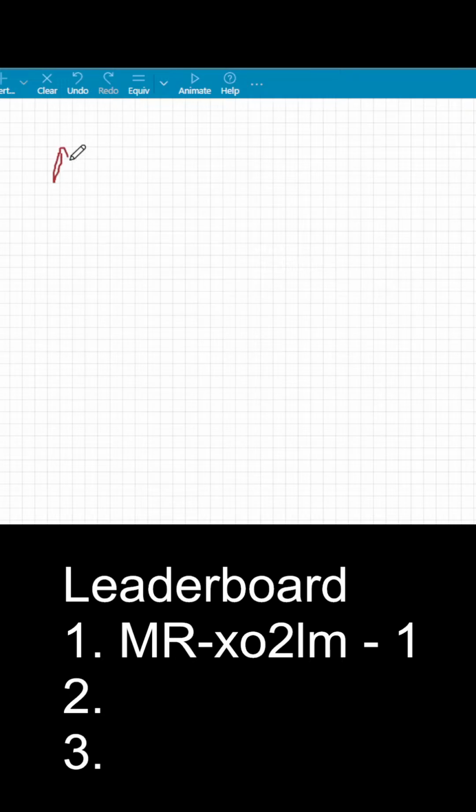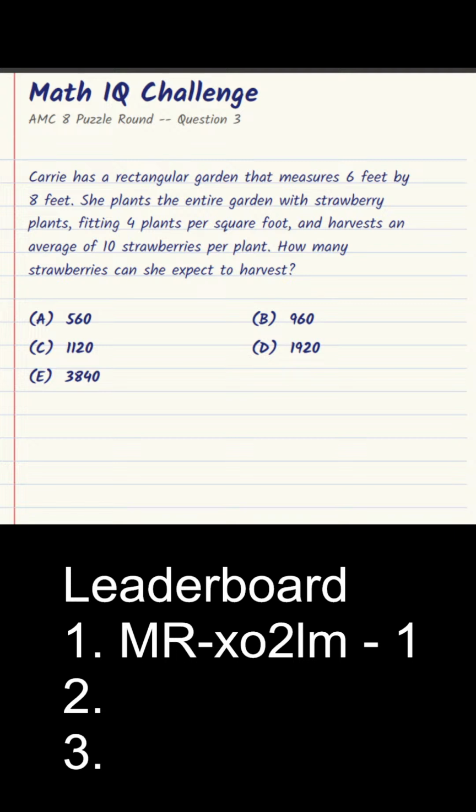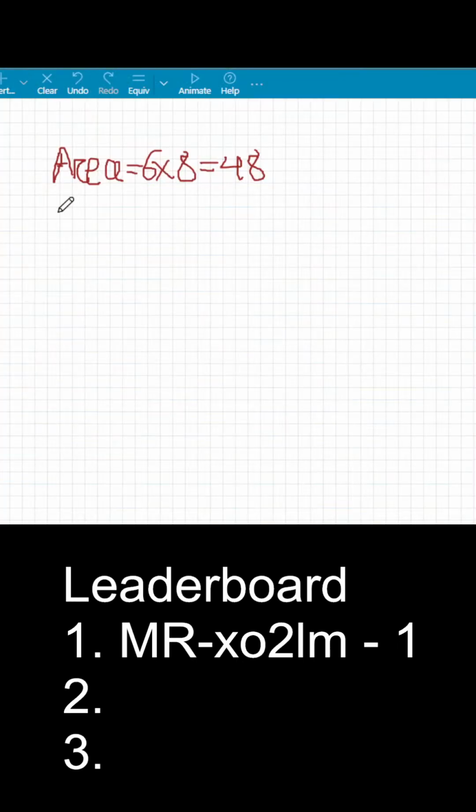So the area will be 6 into 8 square feet, that is 48 square feet. And it is written that per square foot you can fit 4 plants in total. So in 1 square foot you can fit 4 plants.